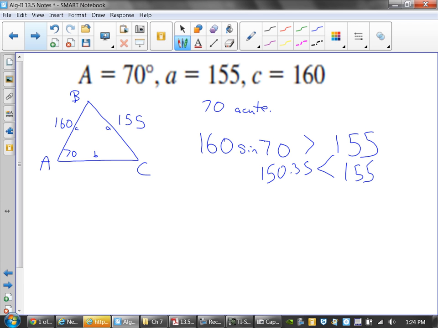Yes, it's also smaller than the 160, which is the third side. So how many possible triangles could we get out of here? 2. We can get 2 possible triangles to make this work, which means we need to figure out where to start. In order to start that, we use the law of sines just like you would normally.